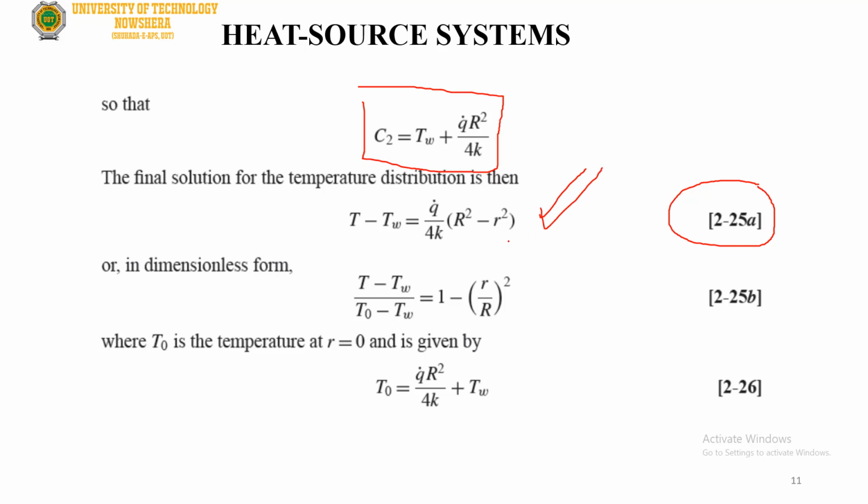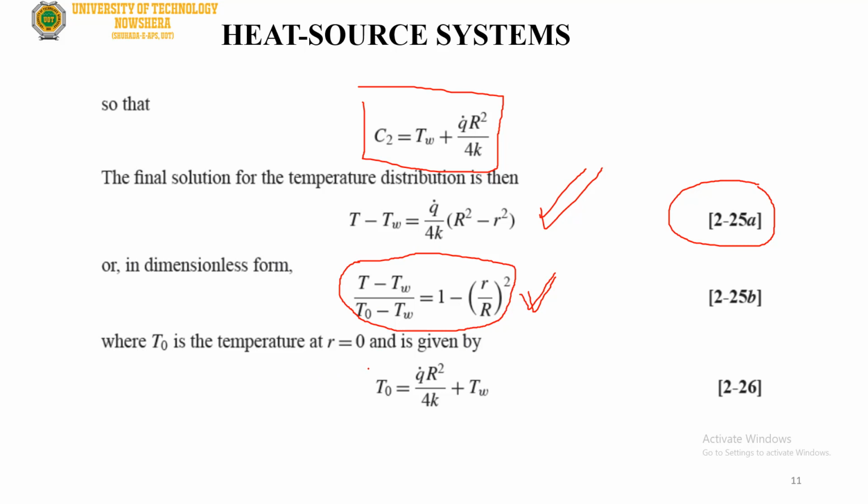Now we can rewrite this equation in various forms. For example, we can rewrite this equation 2-25a as this equation, similar to the one that we have discussed in the case of the plane wall.